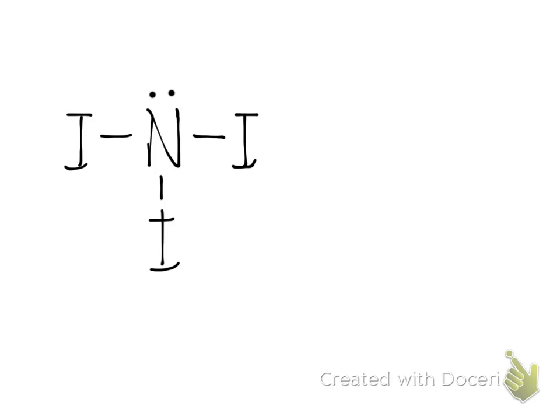Well, so if we do that, nitrogen's happy. Now, what do we know about the halogens coming in? They're surrounded. So if we go, 2, 4, 6, 8, 10, 12, 14, 16, 18, 20. By golly. Looky there. It's pretty easy.